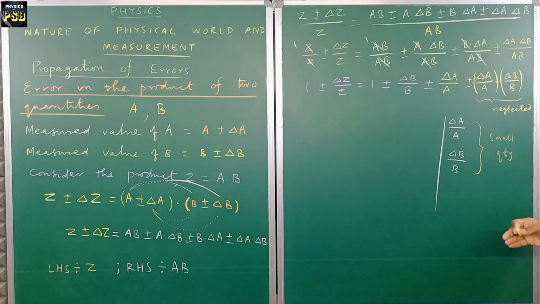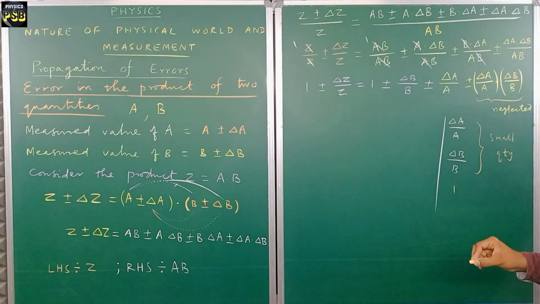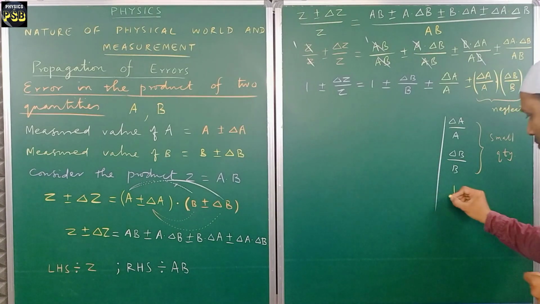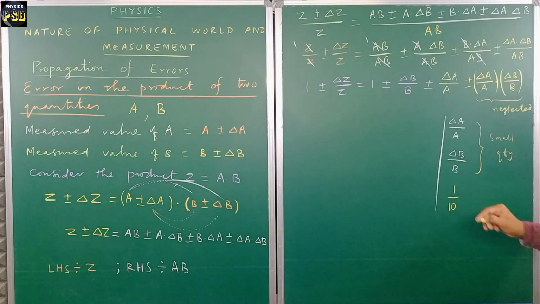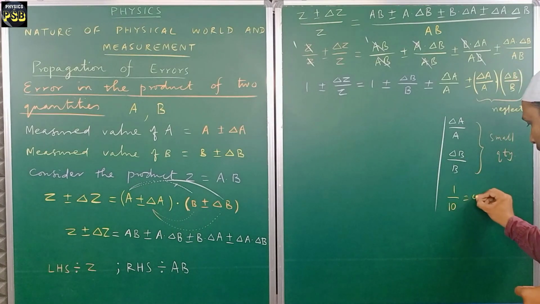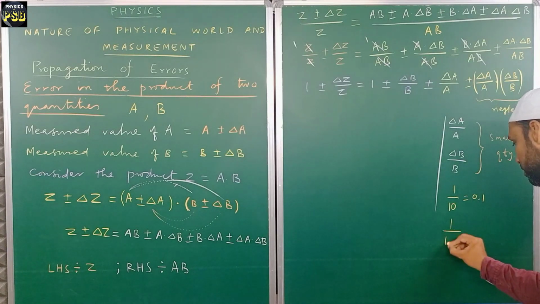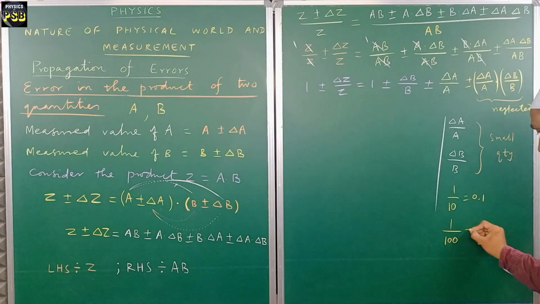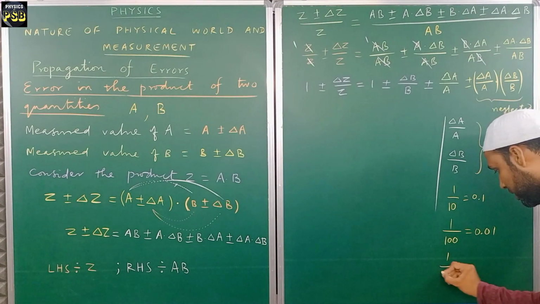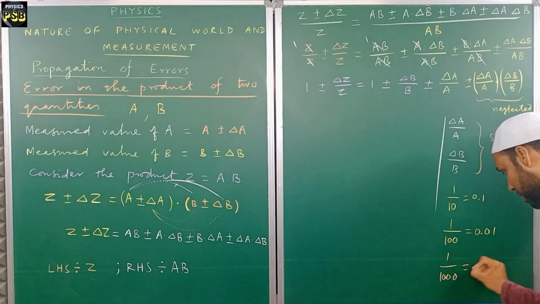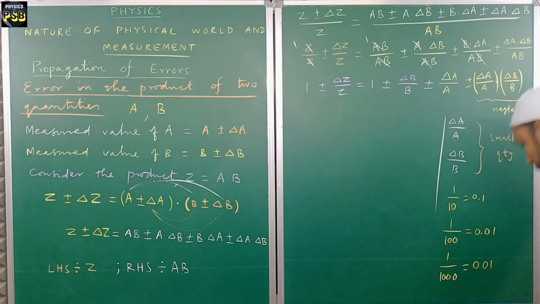Let me elaborate this with the help of a simple numerical example. Suppose you have 1. 1 is a small value compared to 10. When 1 is divided by 10, you get 0.1, a very small value. Suppose I increase the value in the denominator 10 times, it becomes 100, and the value obtained is 0.01. When it is increased further, the value obtained becomes even smaller.